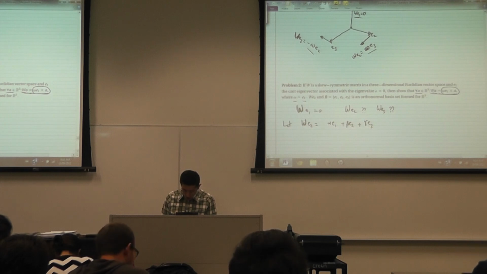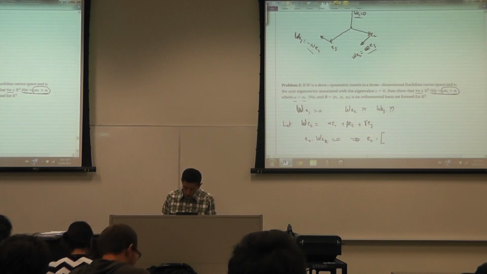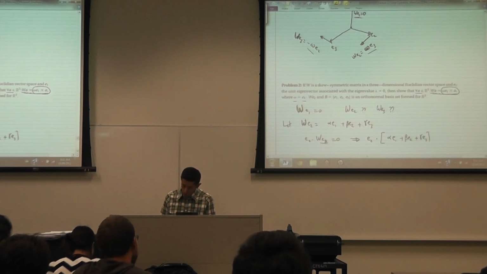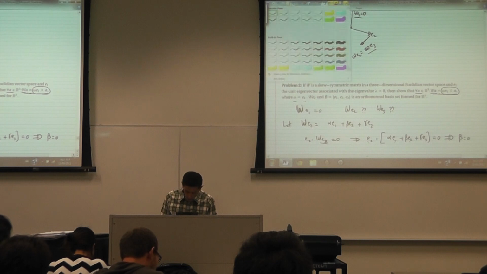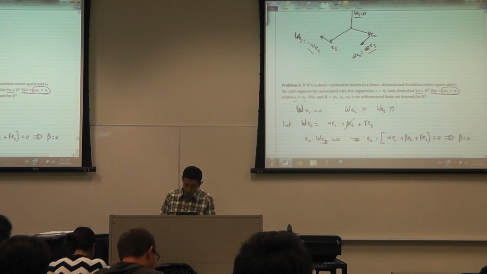The first thing is E2 dot WE2 is equal to 0, which means E2 dot (alpha E1 plus beta E2 plus gamma E3) is equal to 0. From here, E2 dot E1 is 0, E2 dot E3 is 0, E2 dot E2 is 1, which tells me that beta equals 0.